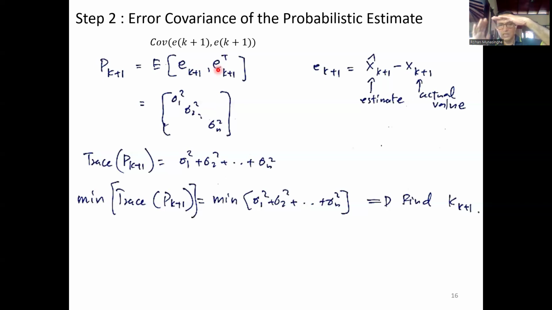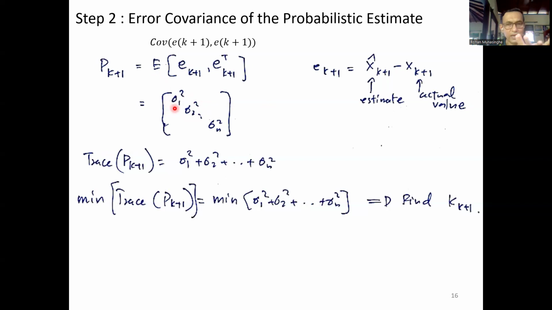You multiply element wise and it becomes like this. So sigma 1 square is actually the error square of the first state variable, and then you have sigma 2 square for the second state variable, third, fourth, fifth, and so on. Each and every state has an error, and this is the covariance matrix.